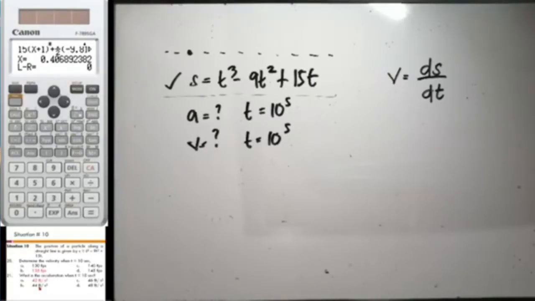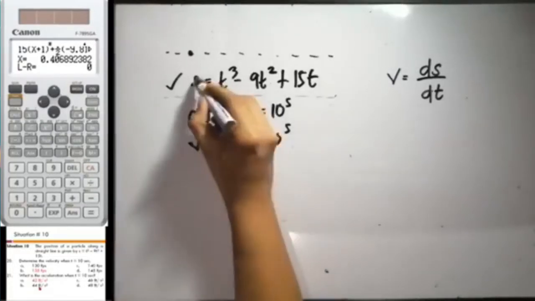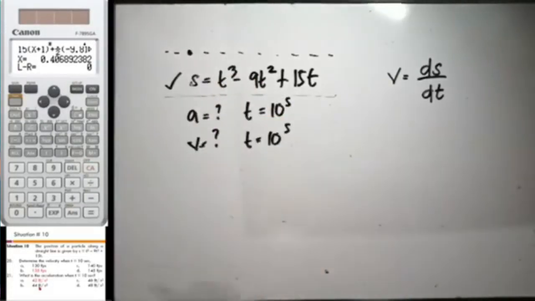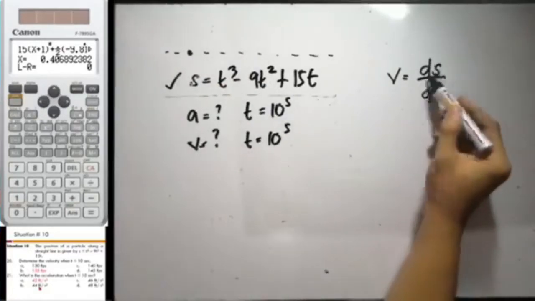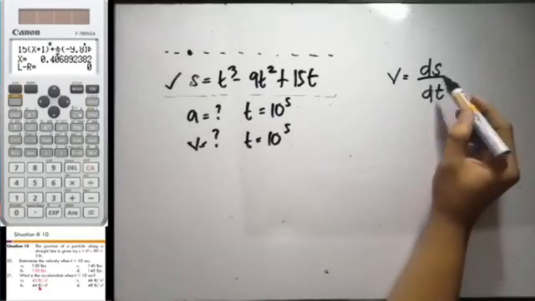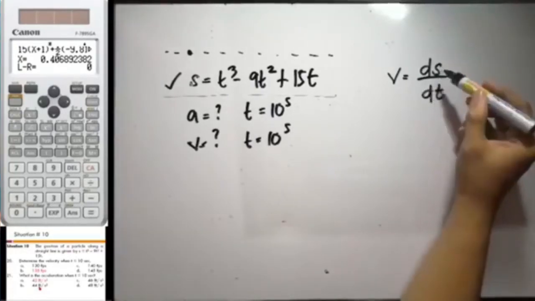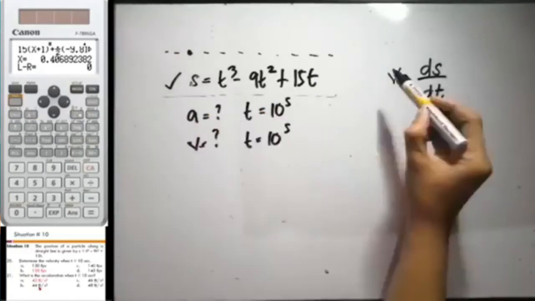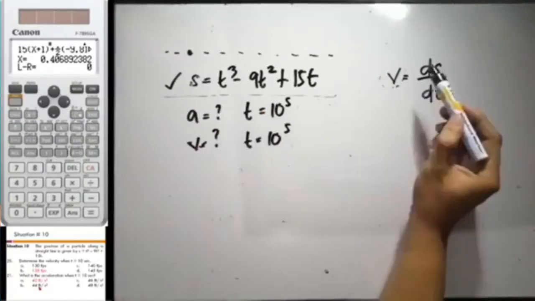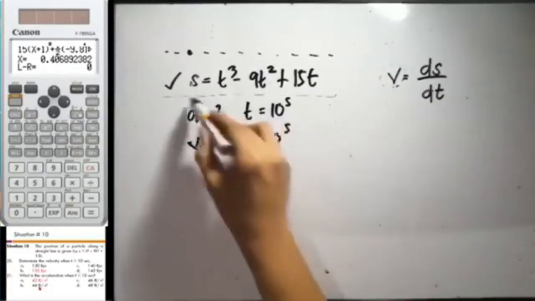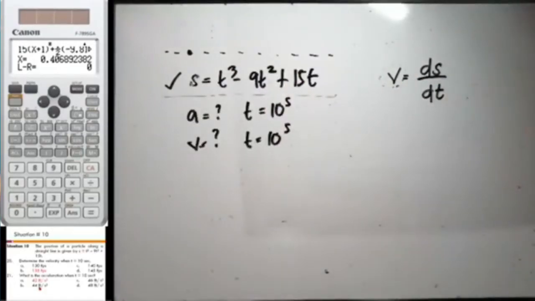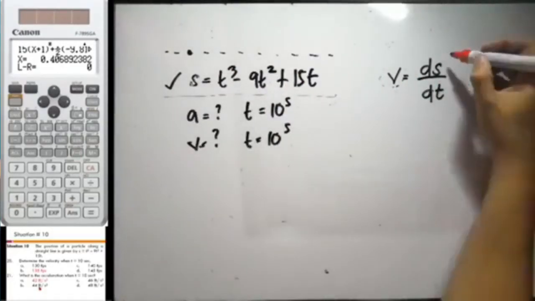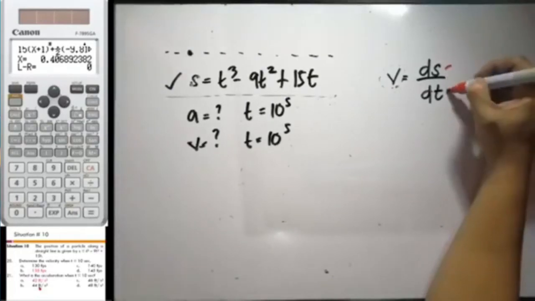Pero, paano natin yan makukuha? Okay? Tignan mo to. This is S. Okay? Parang, ang kailangan mo is ds. Okay? Ibig sabihin, para makuha mo to, kailangan mong i-differentiate yung, para makuha mo yung velocity equation, kailangan mong i-differentiate yung S with respect to time.